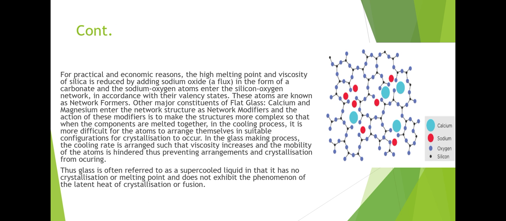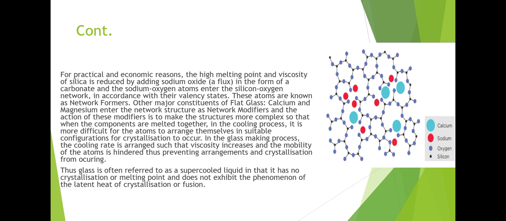For practical and economic reasons, the high melting point and viscosity of silica is reduced by adding sodium oxide in the form of carbonate, and sodium and oxygen atoms enter the silica oxygen network. In accordance with their valency state, these atoms are known as network formers.